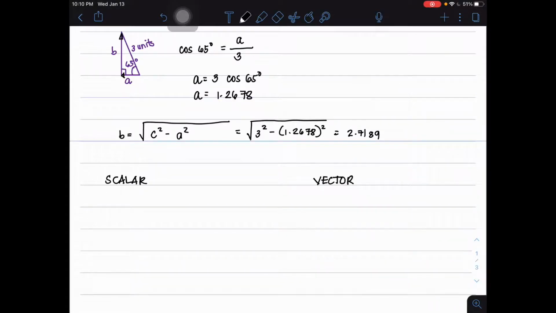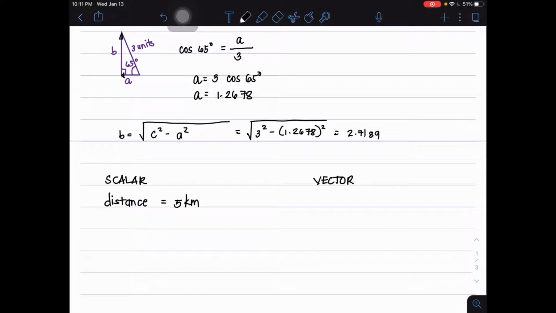Okay, so when we say distance, an example of distance would be 5 kilometers. A distance of 5 kilometers only shows us a magnitude. It doesn't have any direction. It could be north, it could be going east, it could be going west or south or anywhere. Therefore, it's only a scalar quantity.